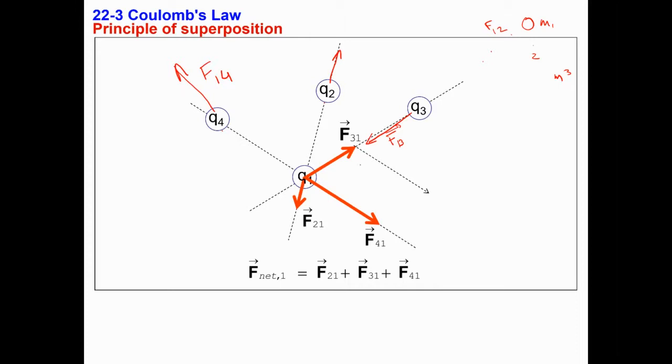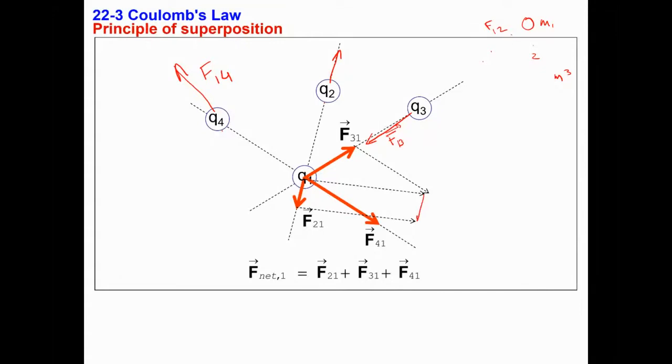So if you draw the parallel to this vector, and then you join this here, this is the sum of F31 and F41. So this is the sum of these two vectors. Now I can draw the parallel to this and add to this vector, and I can now get the other.